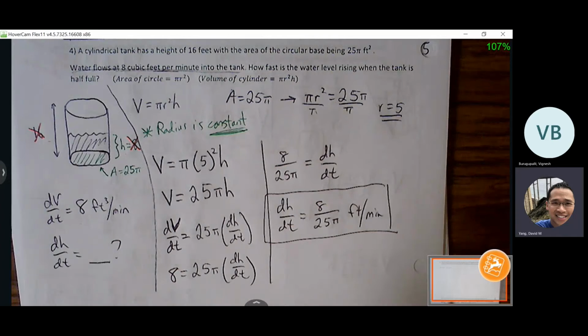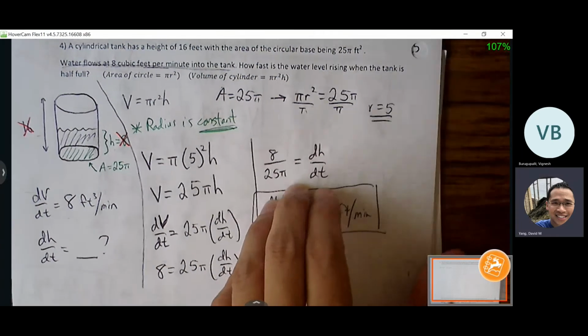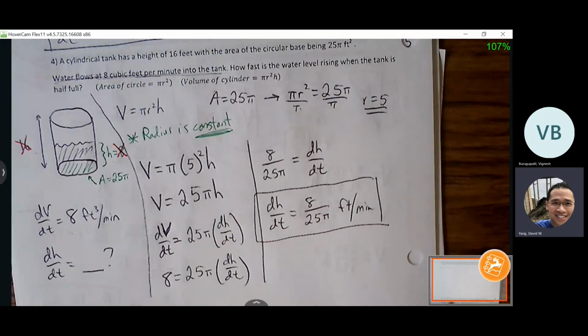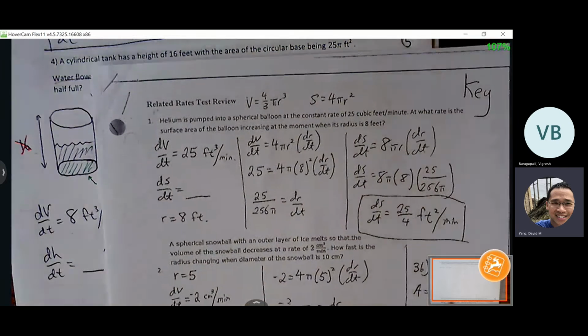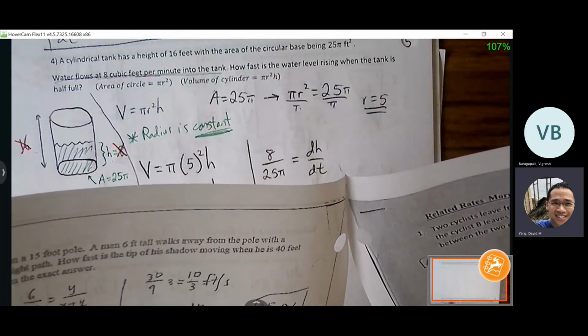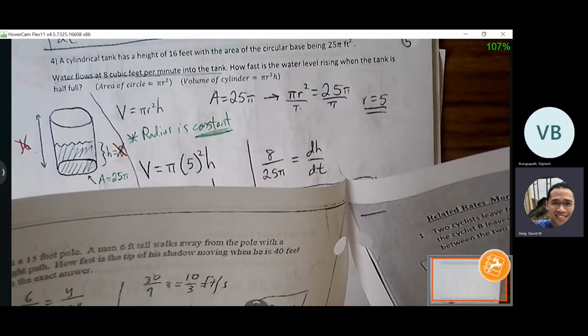Okay. Any questions? I think I may just go through, maybe focus more on the related rates test review, but I don't have many more problems. I'm probably going to be redoing some.